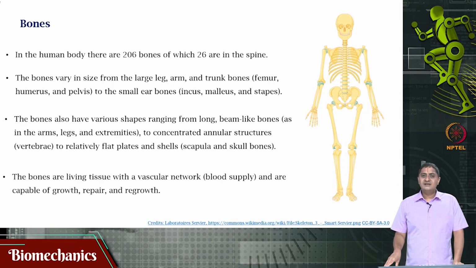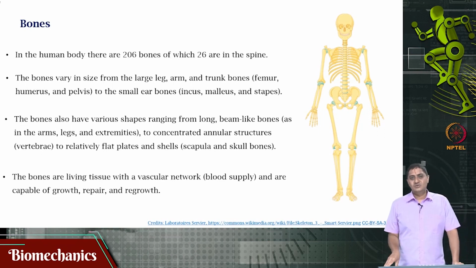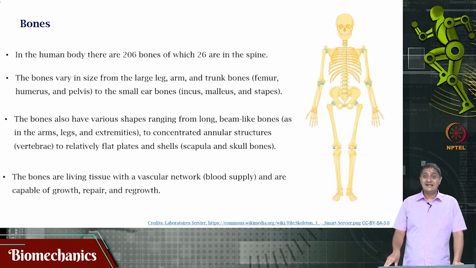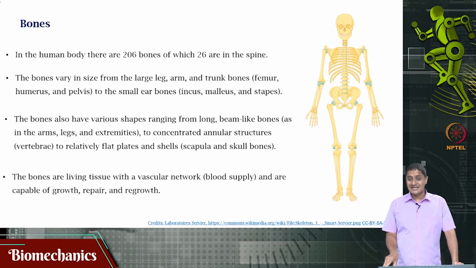So, what gives structure to the human body? That is the bone, or the set of bones, or the skeletal system. If one or a few of these bones are not there, the organs within that part of the body will just look like a bag.